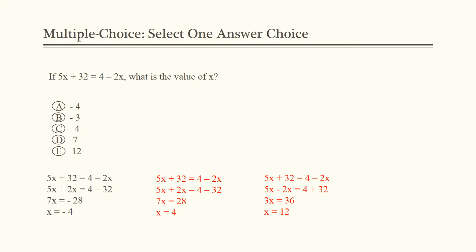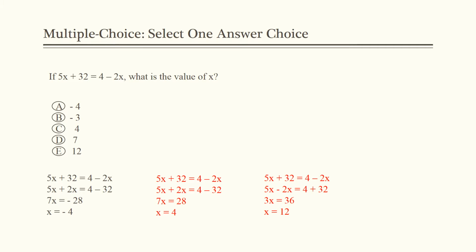It's interesting to note that the answers are designed strategically because the answers have choices that you might end up with if you forget to carry forward a sign or you forget to change the sign. For example, if for 4 minus 32, instead of writing minus 28, you accidentally write 28, you'll end up getting x is equal to 4.